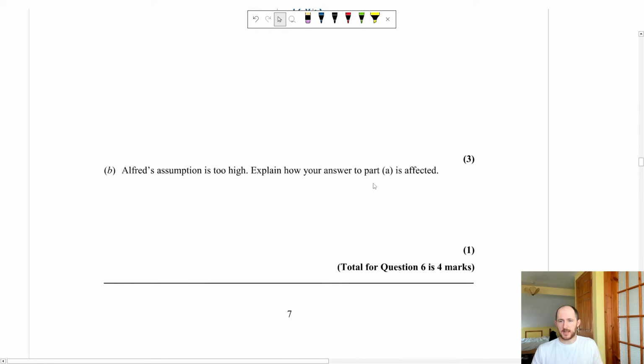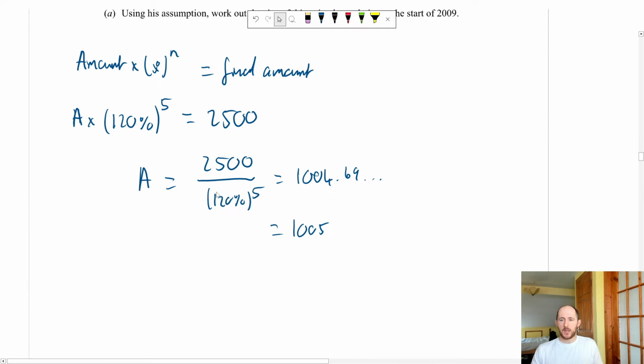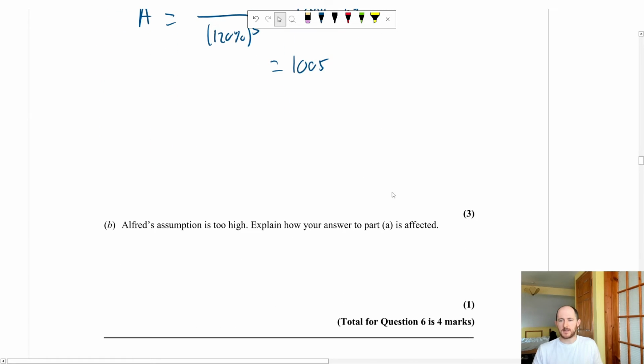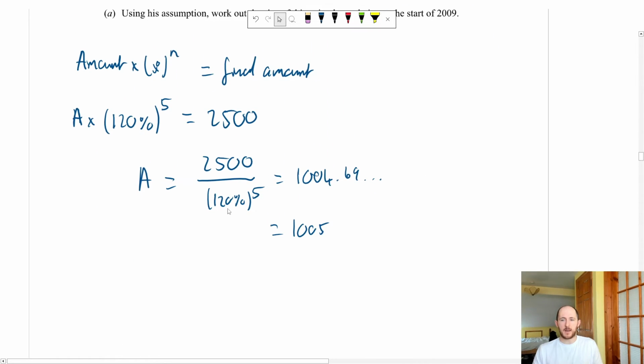So how you answer to part A? This number should be smaller, which means the overall number should be bigger. Remember, link back to what we did in the previous question. This denominator is too big, which means our answer is too small. That's all you need to think about. Whenever they talk about these assumptions, look for where you use that number. Did you divide by that number, or did you times by it?